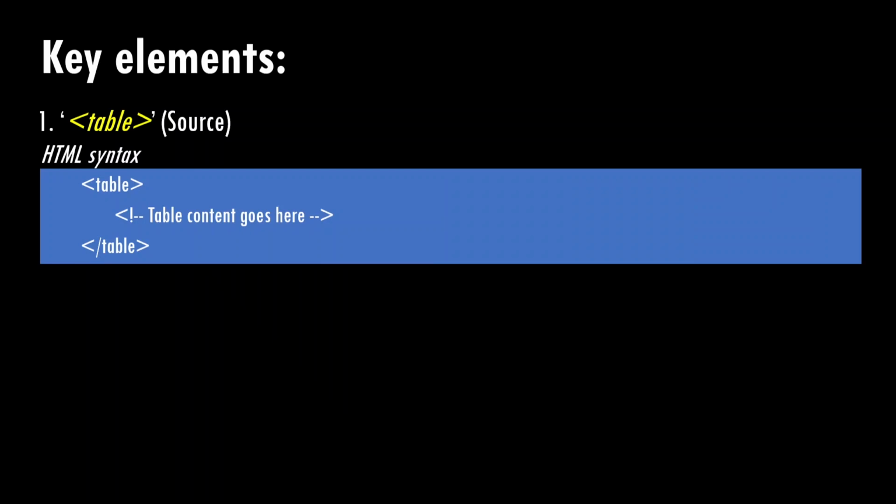This is the container for the entire table. HTML syntax is like this: table opening tag and then closing tag. Then TR tag or table row defines a row in the table. Each TR tag contains cells, either TH or TD.